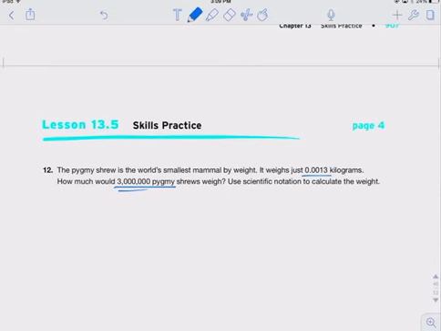So the big number messed you up. So just think, instead of 3 million, say 3. If the pygmy weighed 13 kilograms, and there are 3 of them, see how I used the 13 only? And then the 3, how much would they weigh? 39, right? What did you do? You multiply. So we need to multiply these.